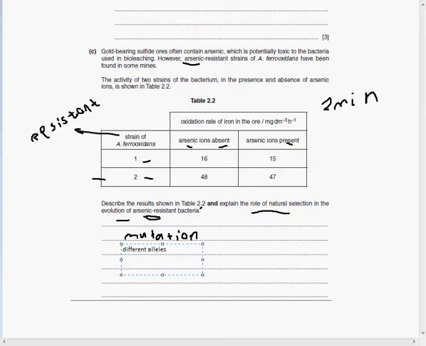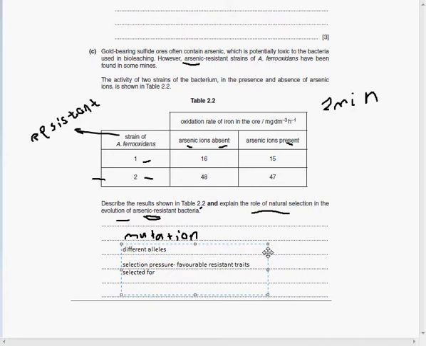Then what happened is mutation, then selection pressure, and different favorable resistant traits selected for.